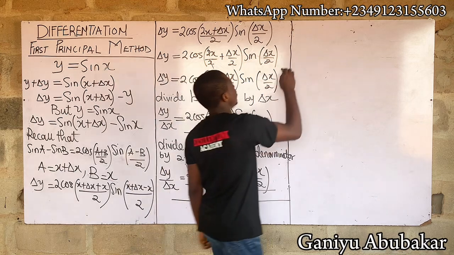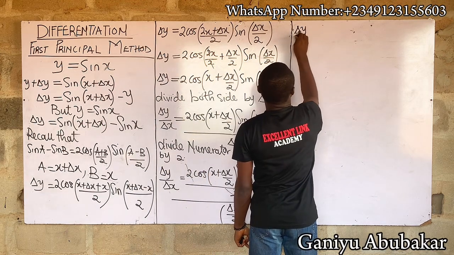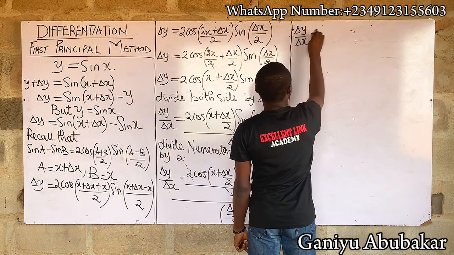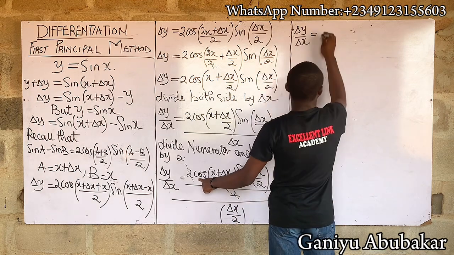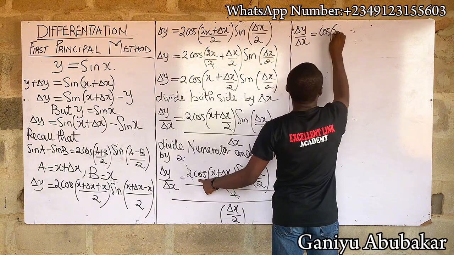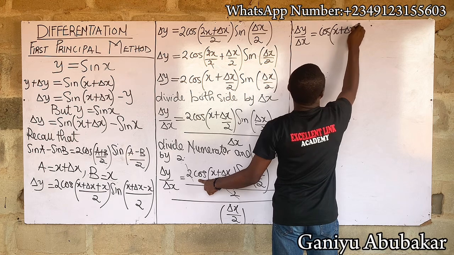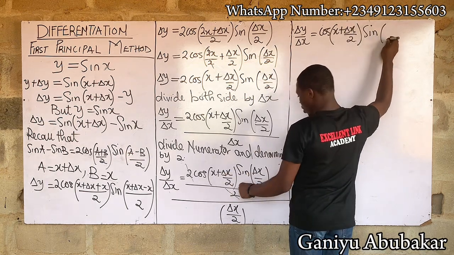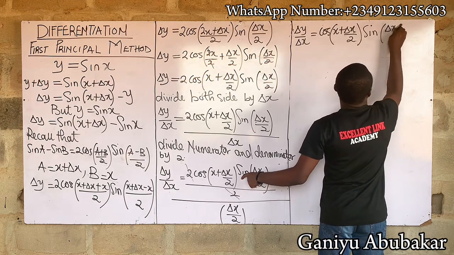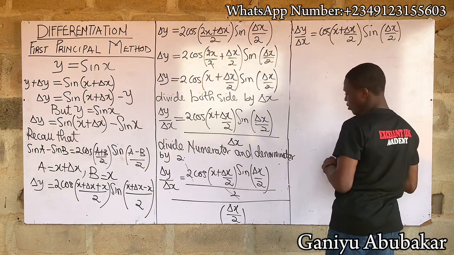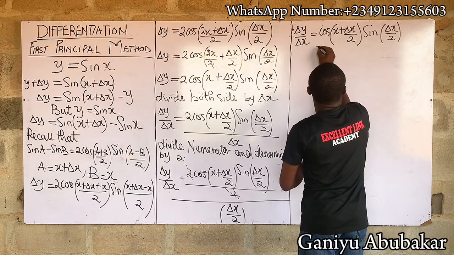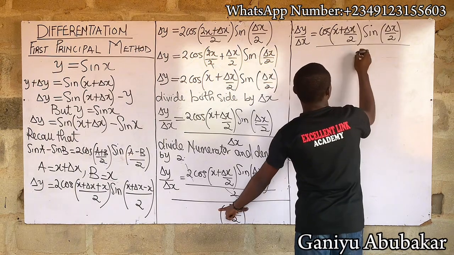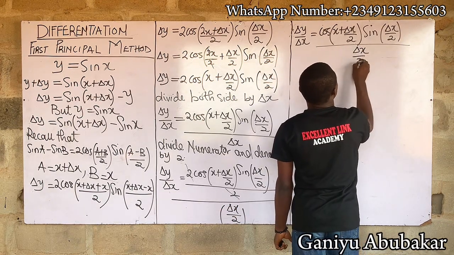I'll be having change in y over change in x equal to cos of (x plus change in x over 2) times sine of (change in x over 2), all over change in x over 2.